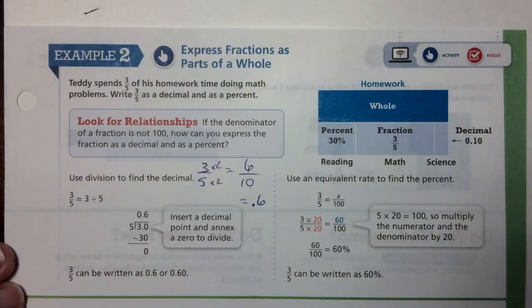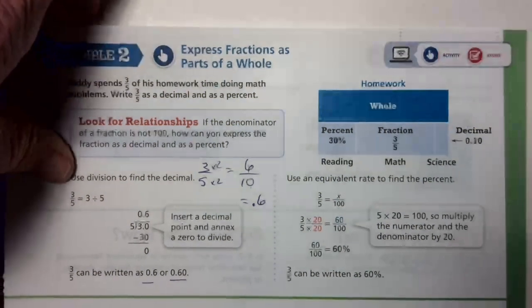Anytime your bottom number is 10 or 100 or 1,000 or any multiple of 10, if you can read that fraction, you can write the decimal. So 3/5 can be written as 6/10, or as 60 hundredths. 60 hundredths is the same as 6/10.